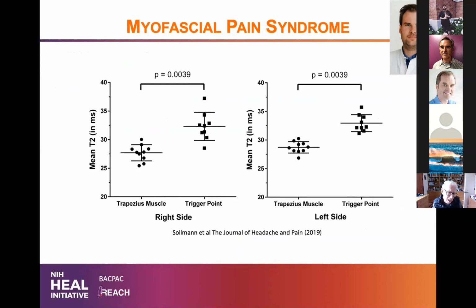So the difference in signal or in T2 was significant between the trigger points and the muscle here, both on the right side and on the left side. And again, this was just published last year.